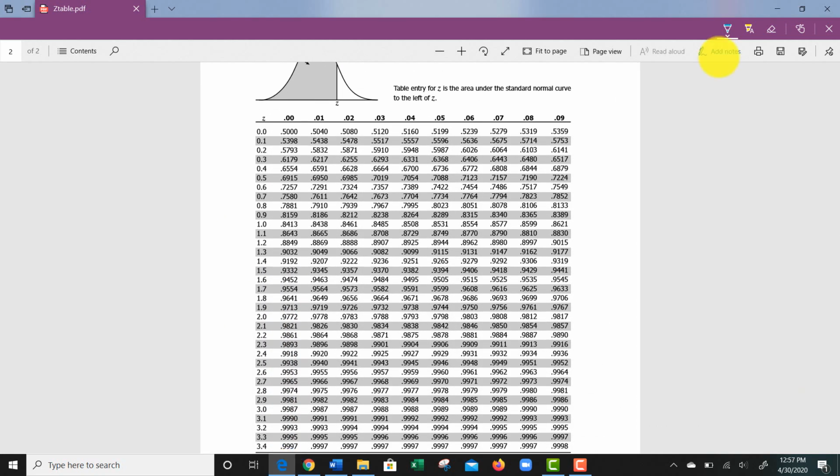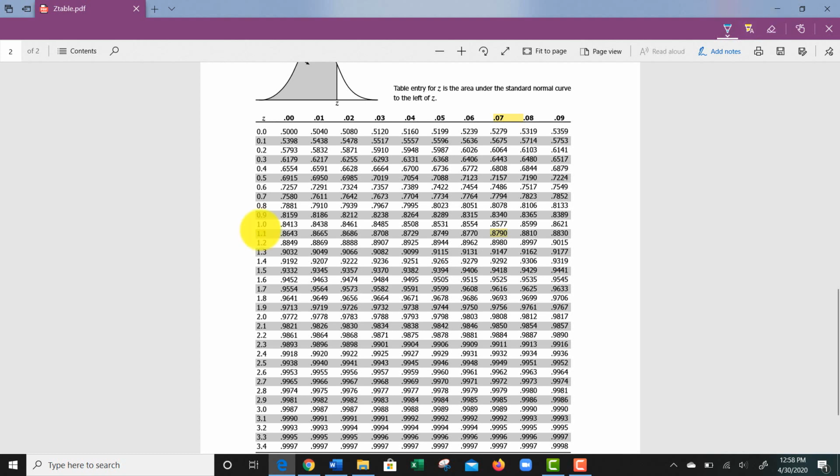So here's how this is going to work. We are going to find 1.1, and then we look at the top, which says 0.07. If you take 1.1 and add 0.07 to it, you get 1.17. So if you line those up, that's going to give you that probability right there.